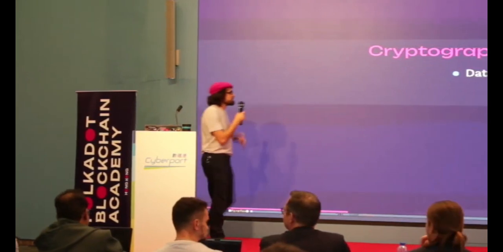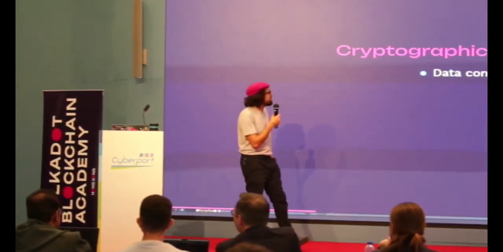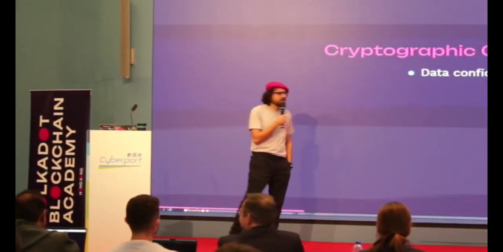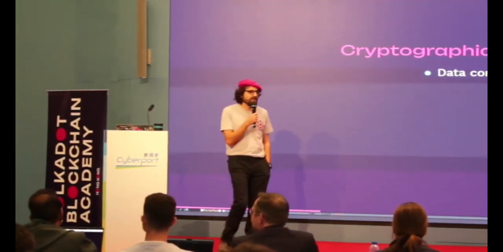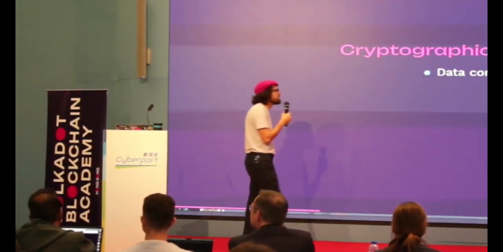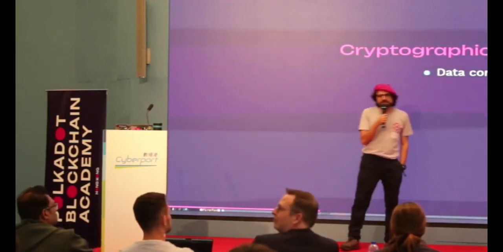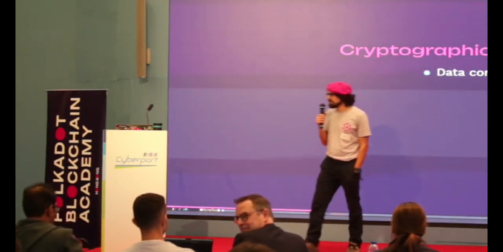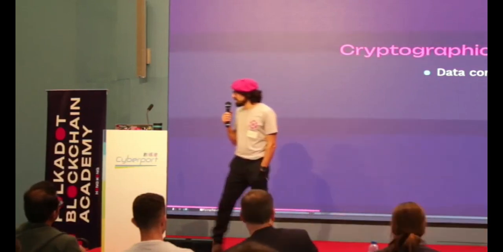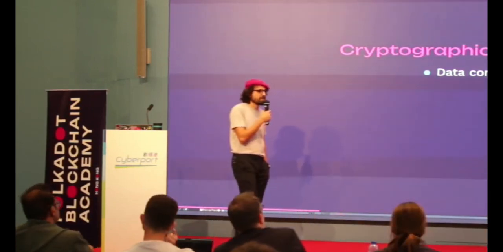Okay, back to this. When I tell people I'm a cryptographer or I work on cryptography, the first thing that comes to people's minds is data confidentiality. That's basically what a lay person will expect from cryptography.